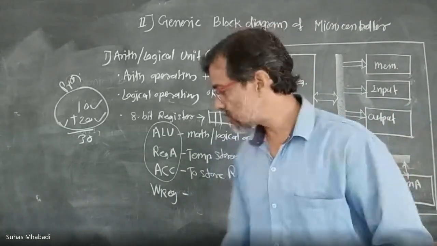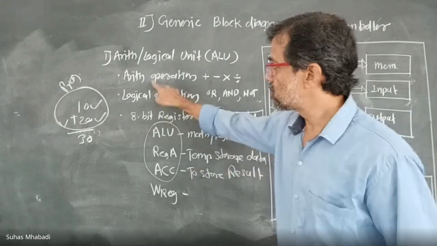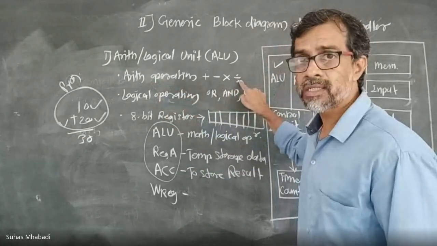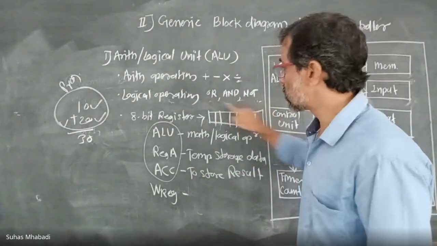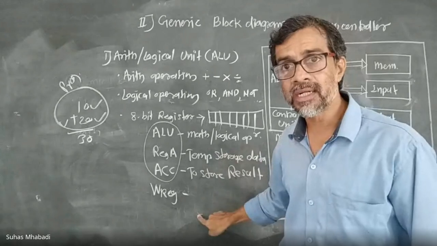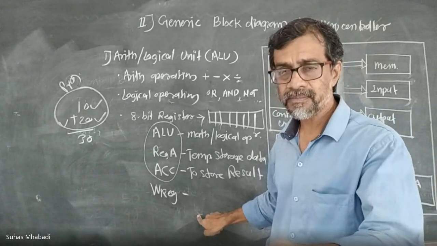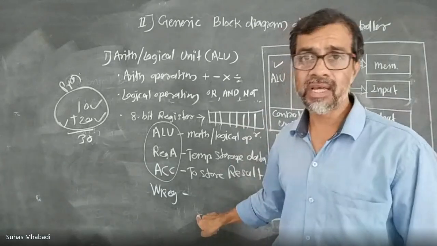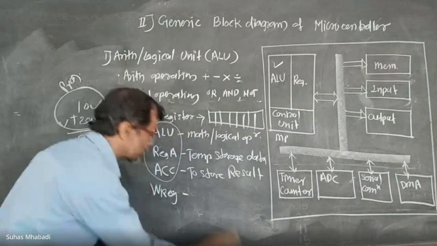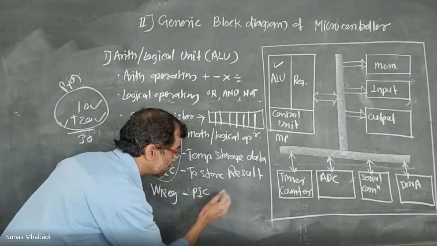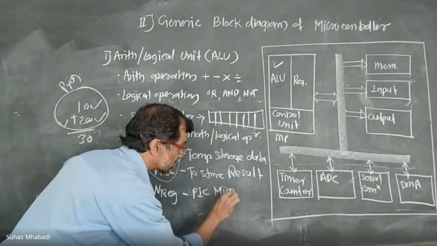What is the function of that working register? To perform these operations and to store the result. But when used by Microchip Corporation, it is called the working register. So this is for the PIC microcontroller.